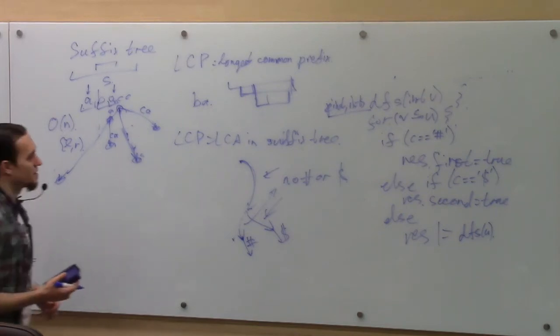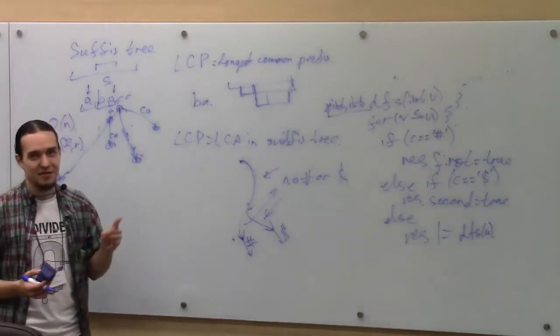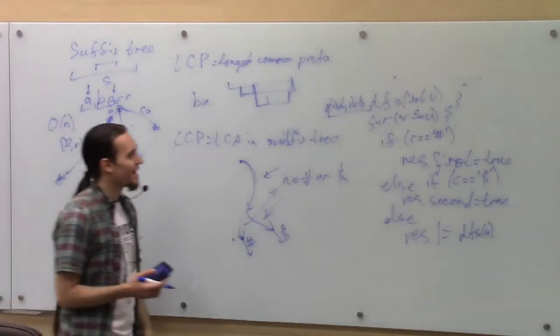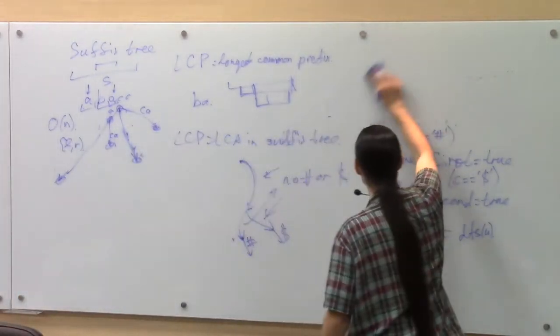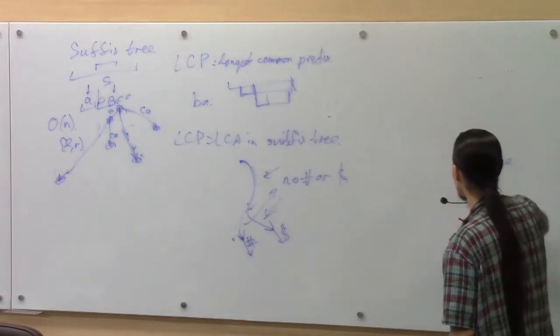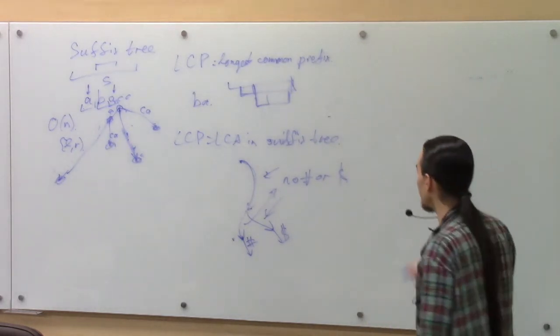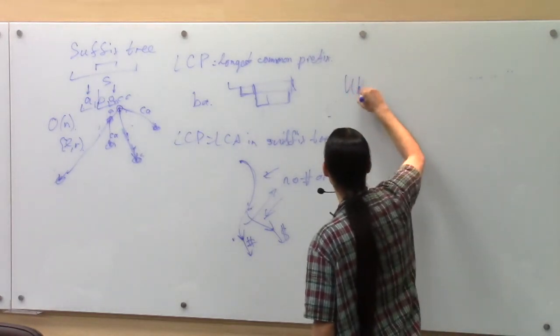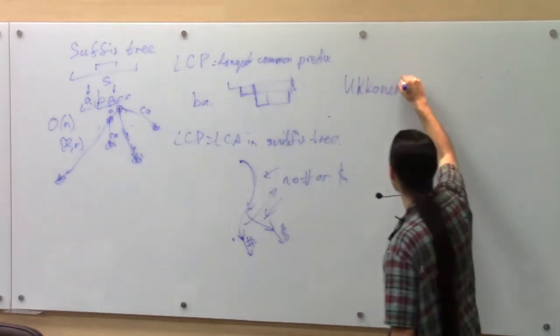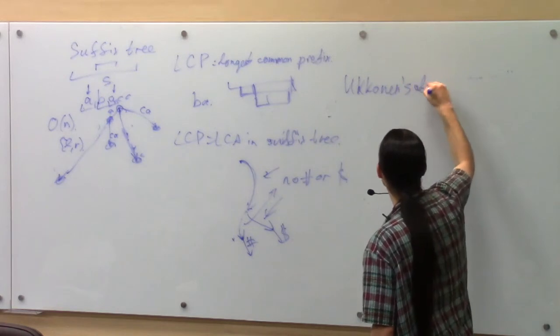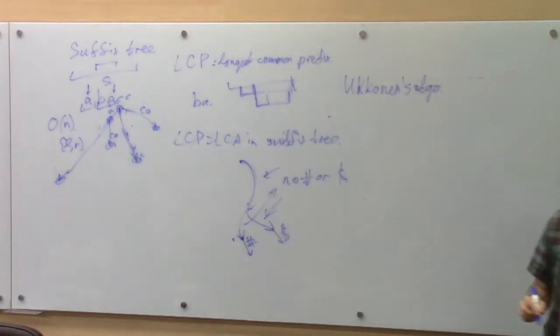I may be adding some additional scare to the construction of the suffix tree. There is something called, for example, Ukkonen's algorithm, that constructs the suffix tree in linear time.